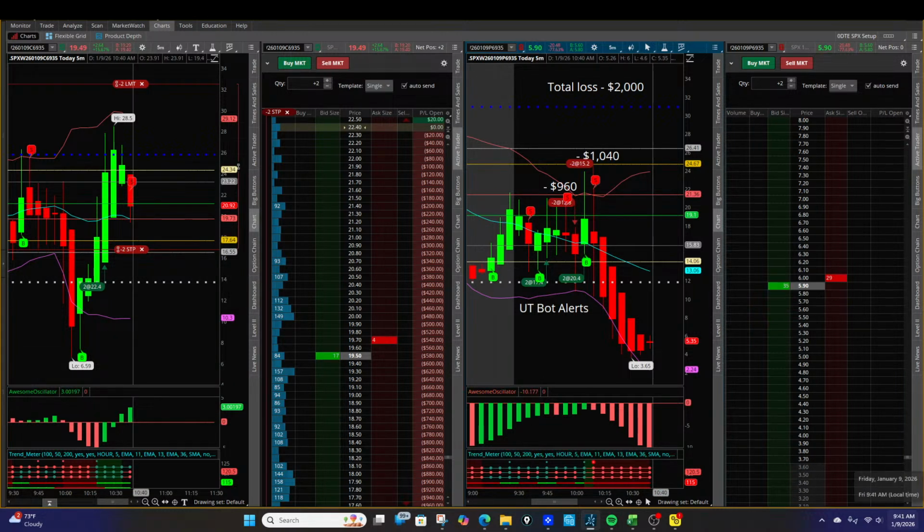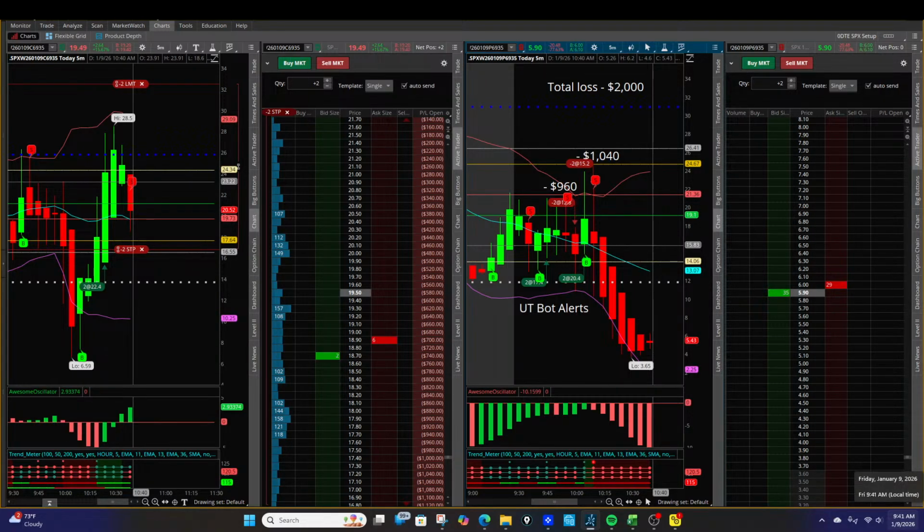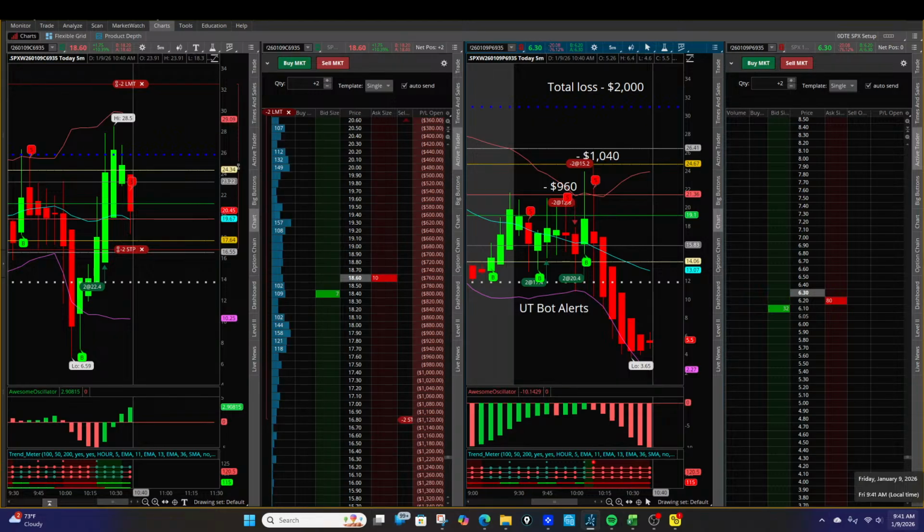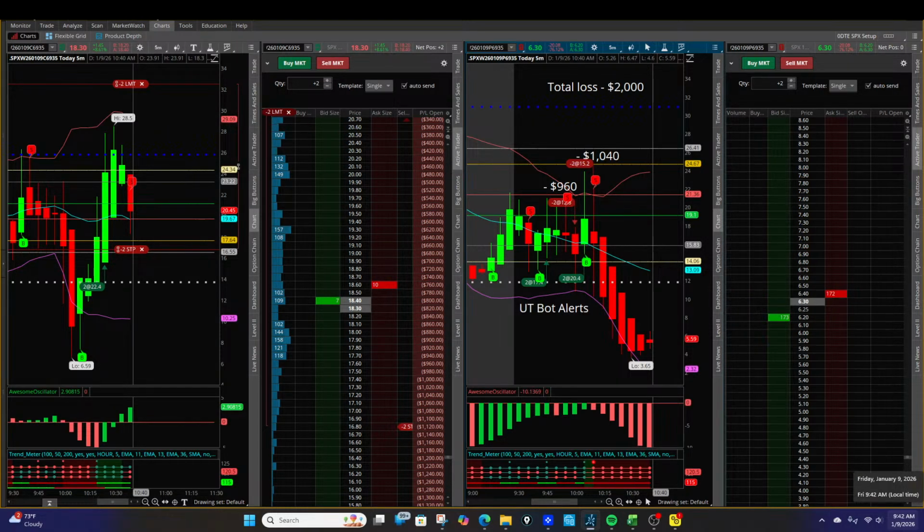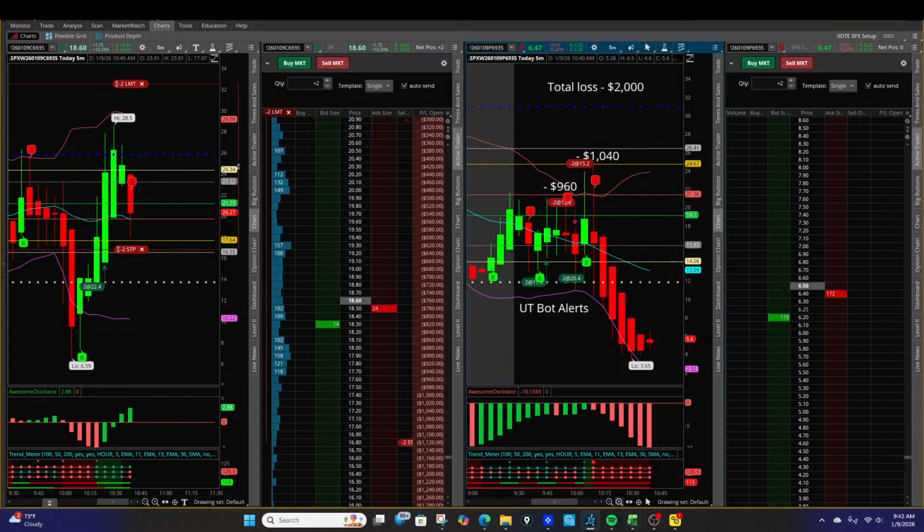So in my trading journal, it would say something to the effect of, the UT-bot alert price color on was set to no. Something like that.